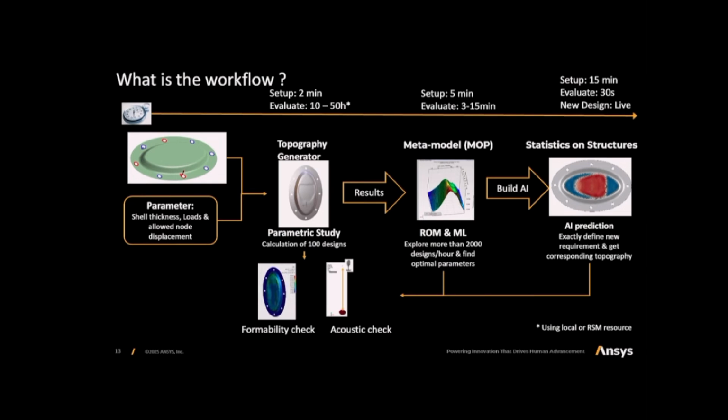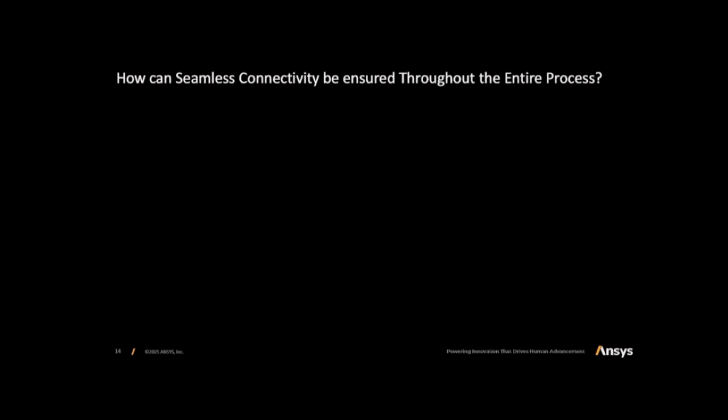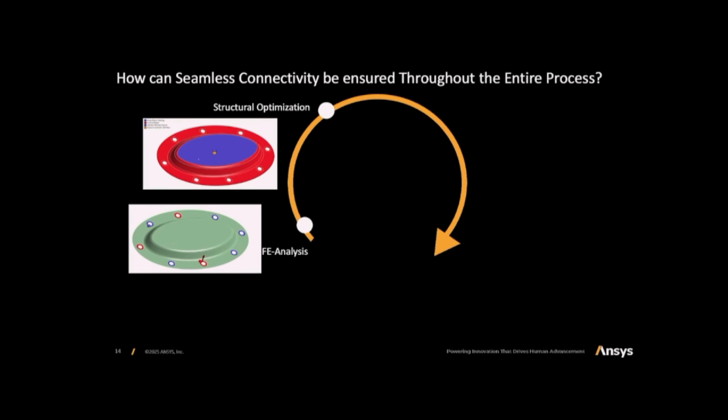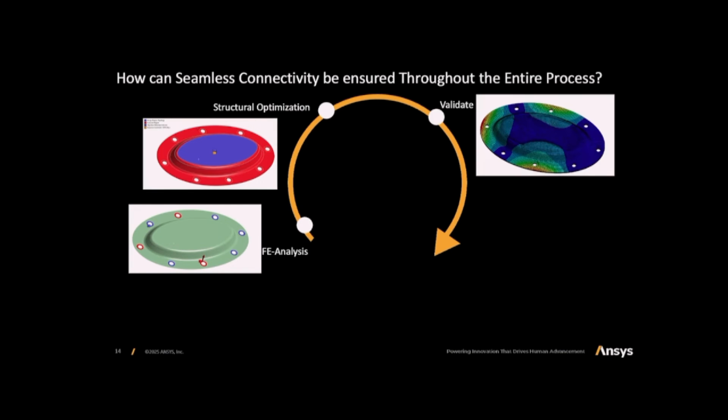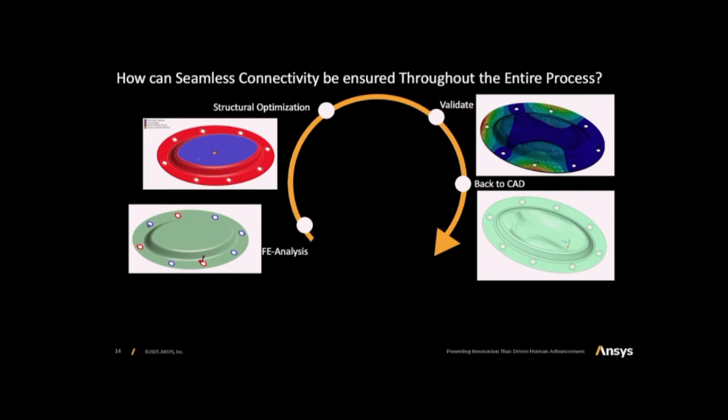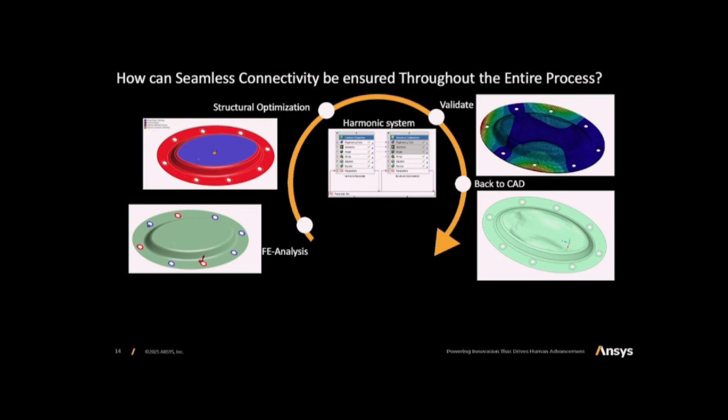But you can create a meta model from spending that upfront time, and then essentially we've got 2,000 design points in this particular case that we can evaluate as needed. So this is stepping through some of the things we do in FE analysis, structural optimization, validate it, and take it back to CAD to modify the die surfaces.